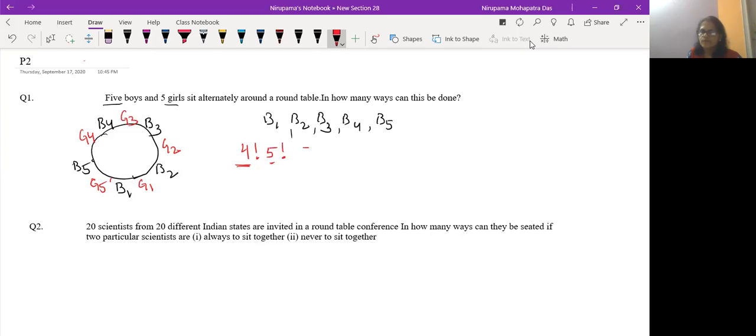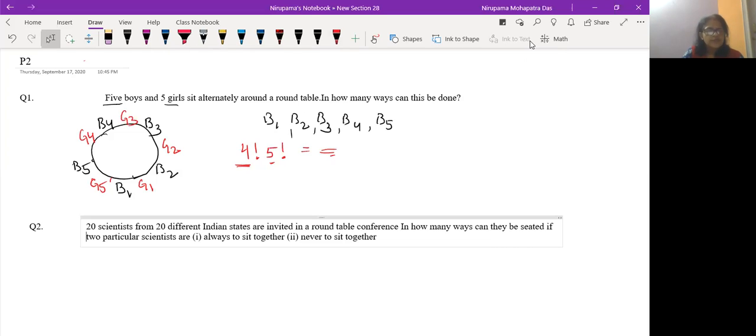That calculation part can be done by you. Is it clear? You can also do it like this: make the girls sit first, G1, G2, G3, G4, G5. They can be seated around the round table in factorial 4 ways. Then in the gaps you can make the boys sit. So 5 places, 5 boys, factorial 5. Clear?